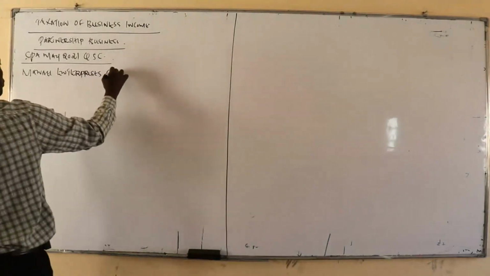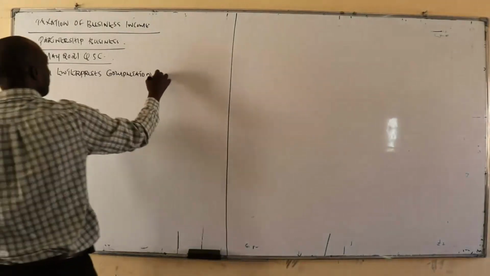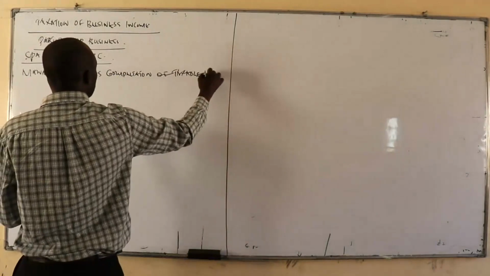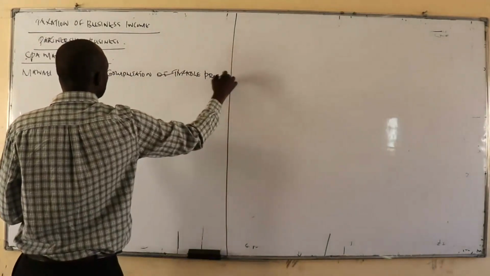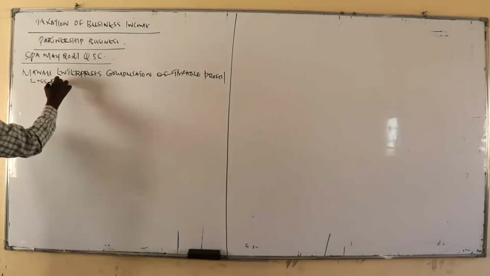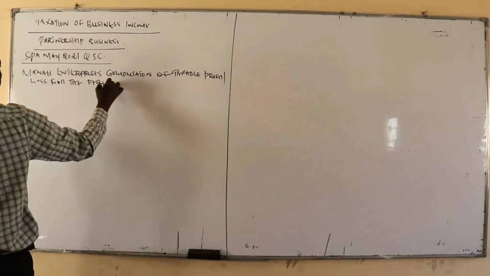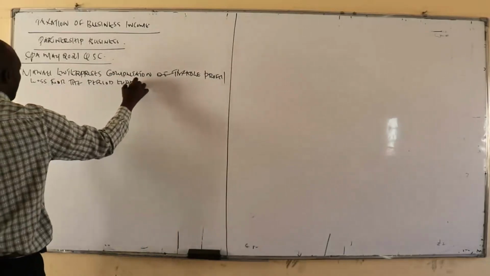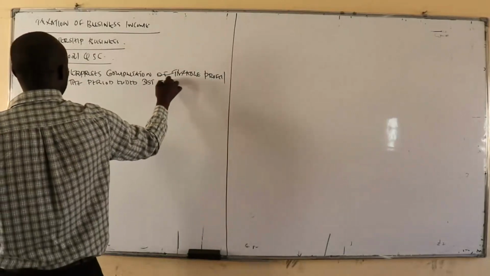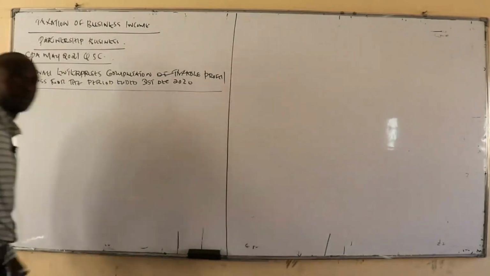So computation of taxable profit/loss for the period ended 31st December 2020, and then you neatly underline.